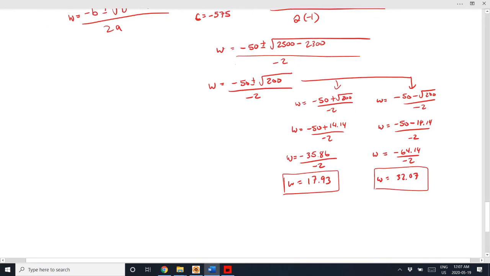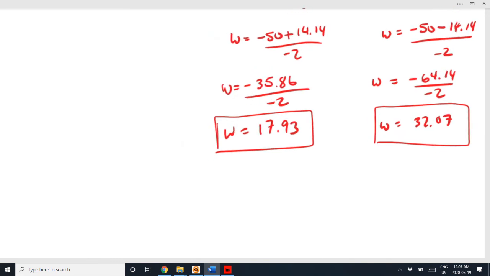So we can see that we have two different widths that satisfy our area being 575 meters squared. So we have one case where our width is equal to 17.93, and the other one where our width is equal to 32.07. Let's find the lengths for each of these widths.